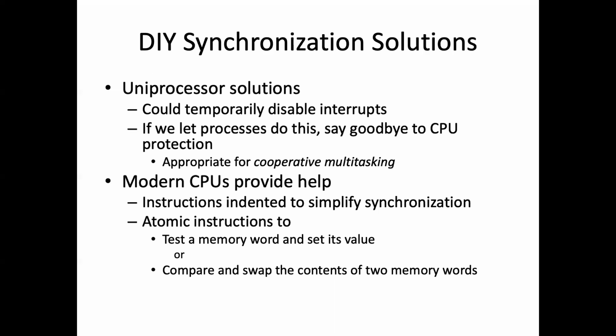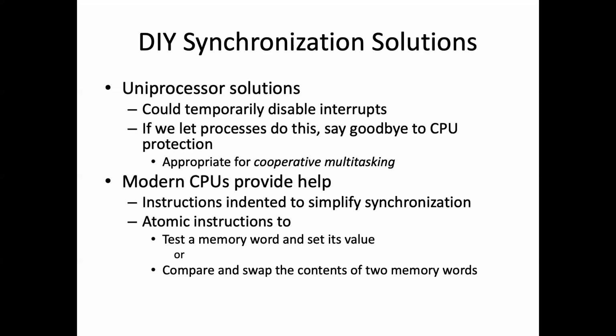But if processes could disable interrupts, a bad process could just leave them disabled and the OS would never get a chance to run. So on a modern system, it's probably not going to be a uniprocessor, so we can't depend on that. And if you want CPU protection, you can't depend on being able to temporarily disable interrupts.